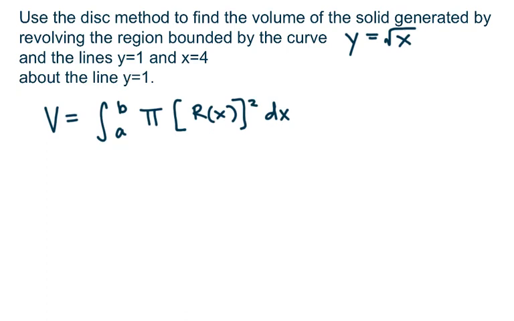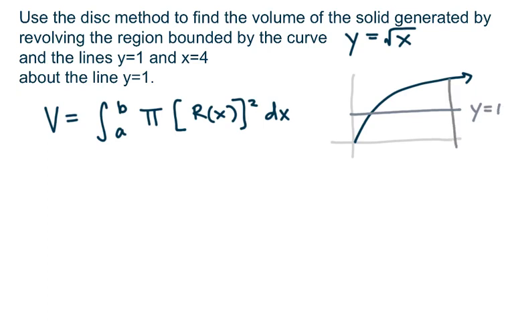So let's think about what our graph of this square root function looks like. What is the space that we are rotating? The graph of a square root function looks roughly like this. And of course, in this situation, we have the line y equals 1, and we also have the line x equals 4.